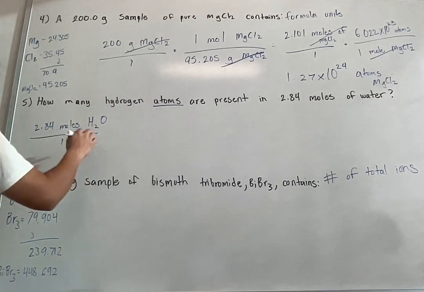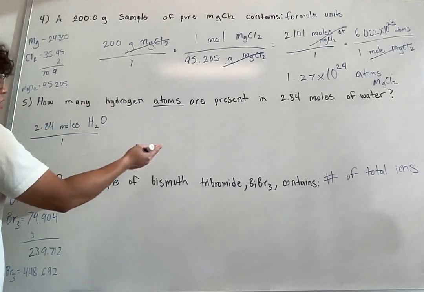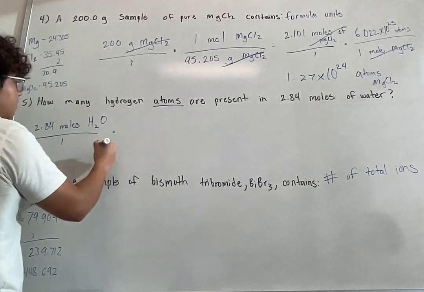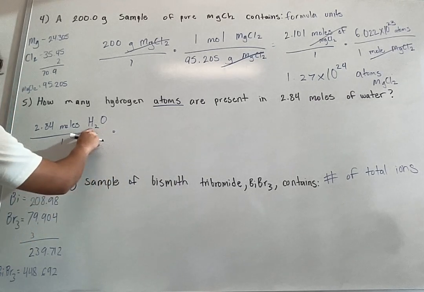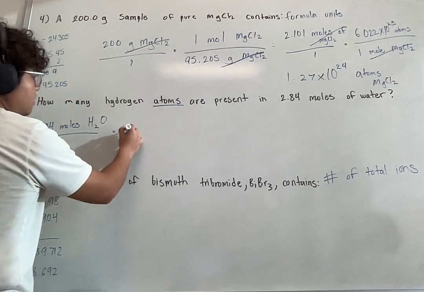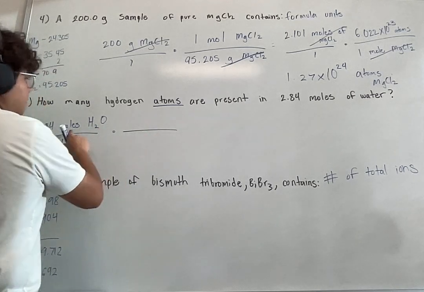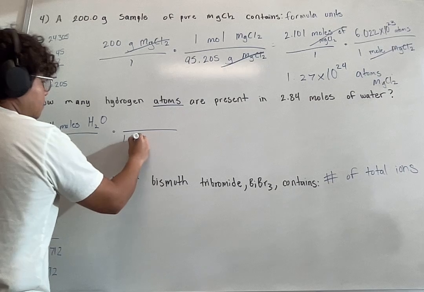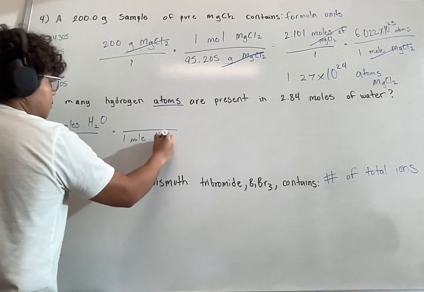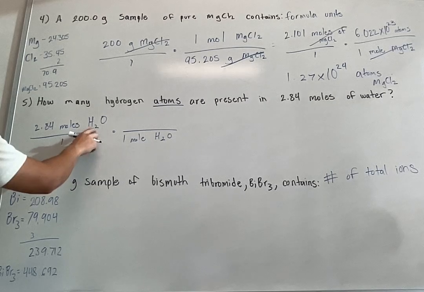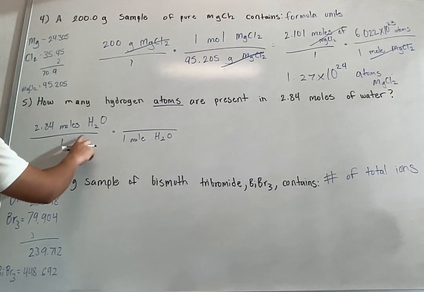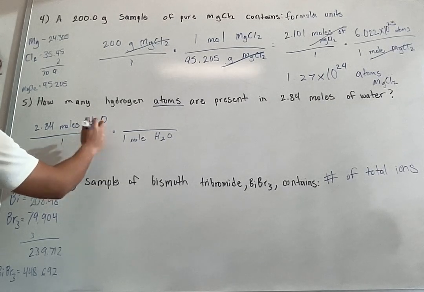So how do we go from H2O to hydrogen by itself? Well, we have to make a ratio. So for each mole of water, remember we want moles of water at the bottom, so every mole of H2O has how many hydrogens, or how many moles of hydrogen? Well, there's 2.